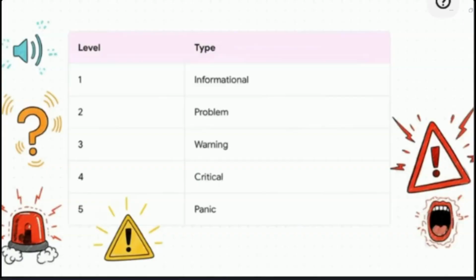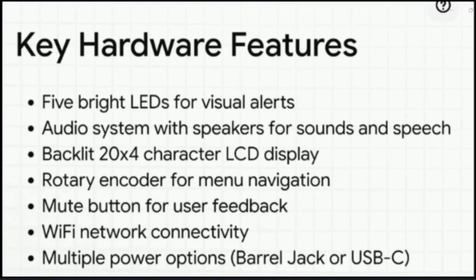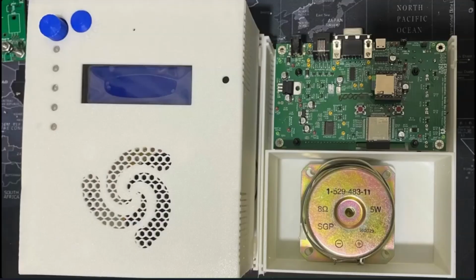Krake helps deliver alarms that are timely, meaningful, and trusted when they matter most. Krake features 5 bright LEDs for visual alerts, a customizable audio system for speech and alarms, an LCD display along with a rotary encoder for simple menu navigation, and a mute button to handle the alarms, Wi-Fi network connectivity, and 2 different power options to enhance its versatility.